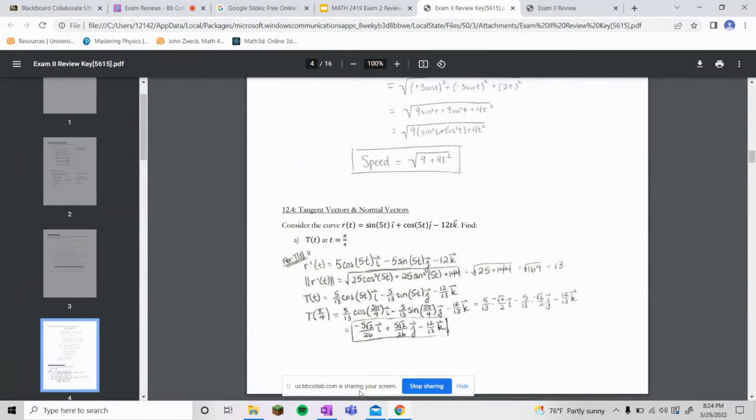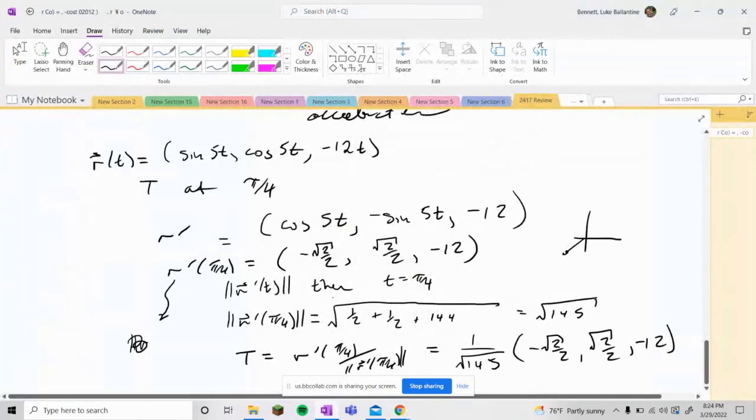Oh, I totally messed up. You know what I did? I forgot the chain rule here and here. So we have a 5, we have a 5. This is actually 25, 25. So this is 169. So this is 13.